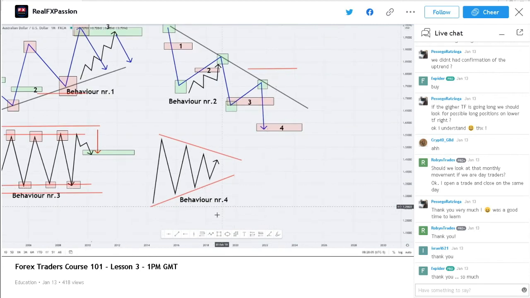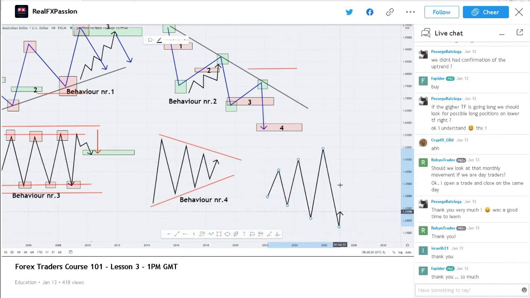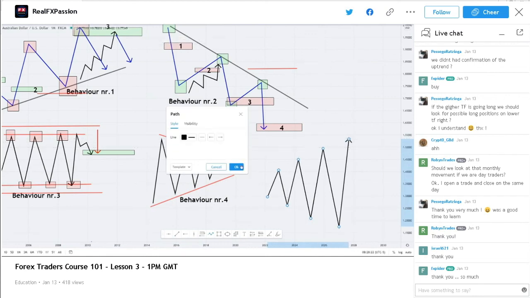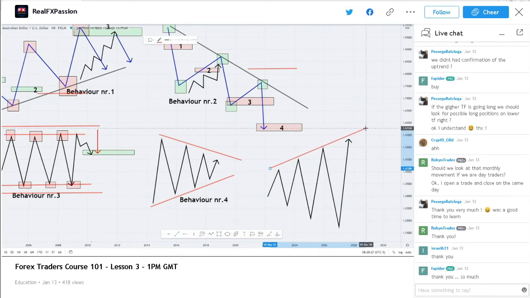And behavior number 5 is not tradable even for the professional trader. It's called chaos. It's where the market is making higher highs, but it's also making lower lows.